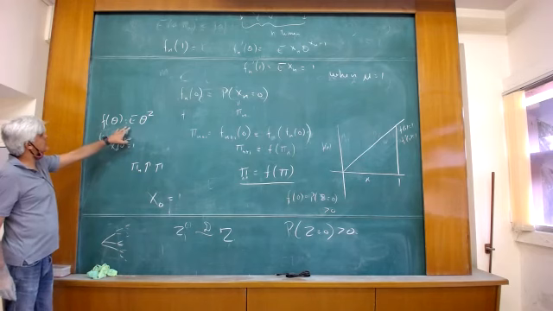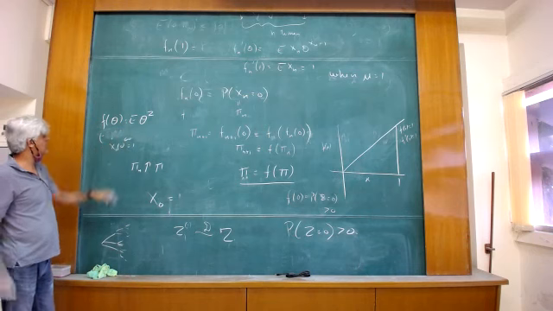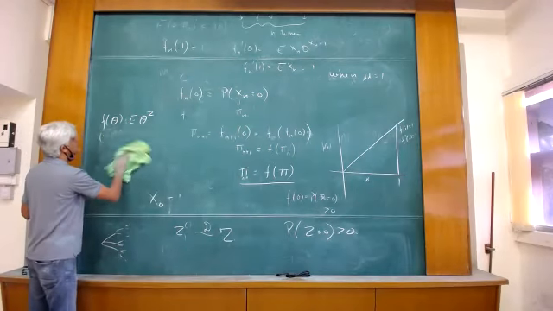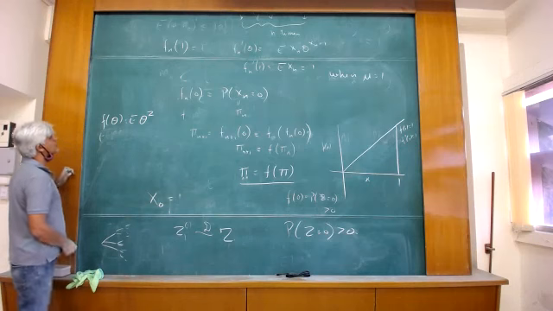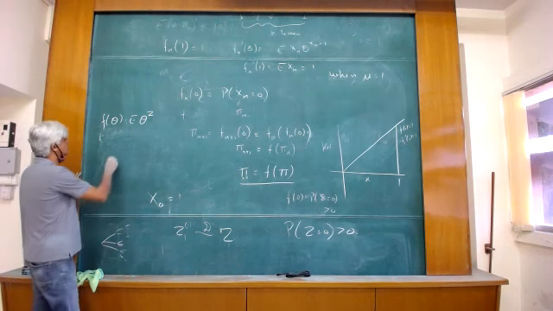So you can check that this is going to be a convex function. How do we see that? Let me check.